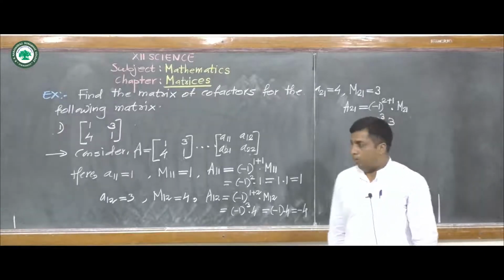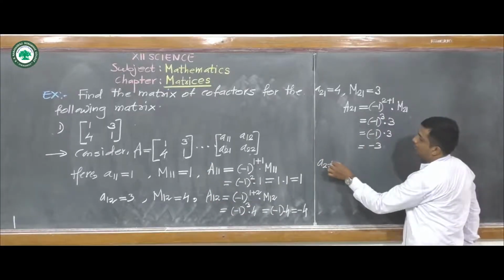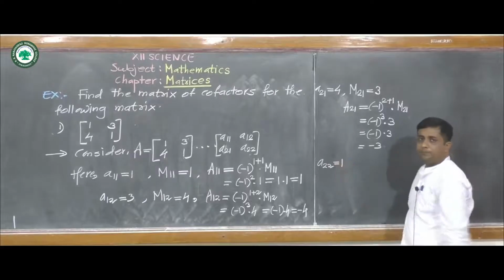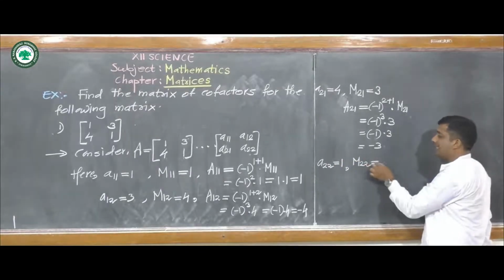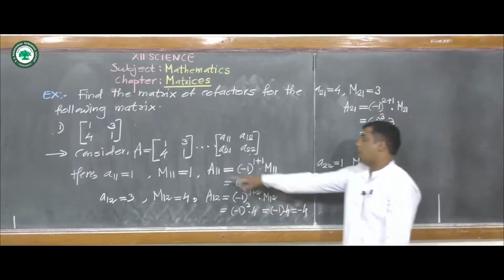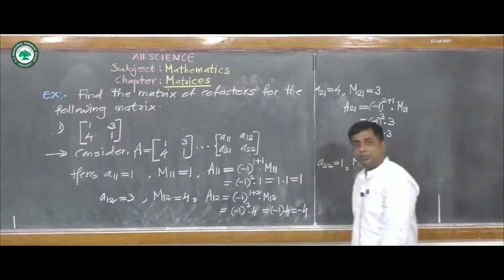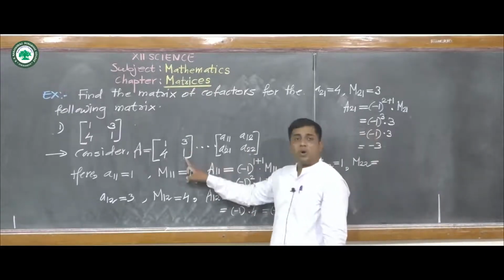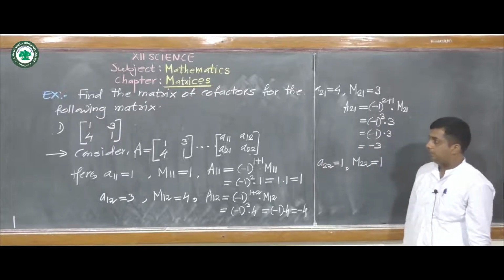Then for the last, A22 is equal to 1. Let's find the minor M22. We know this 1 is in the second row and second column, so we delete the second row and second column to find the minor, and the minor is 1.